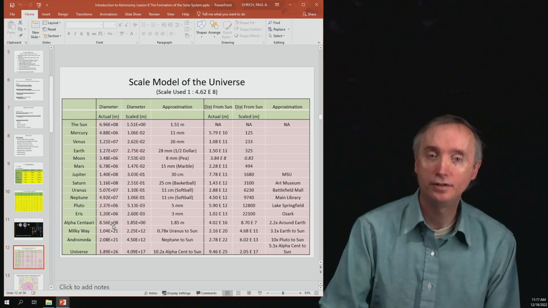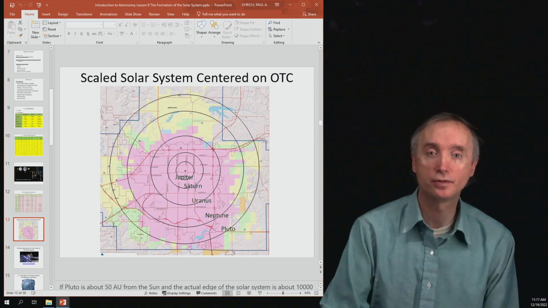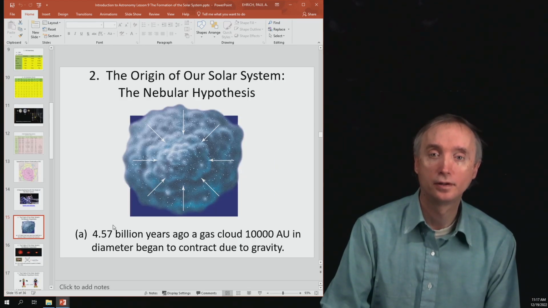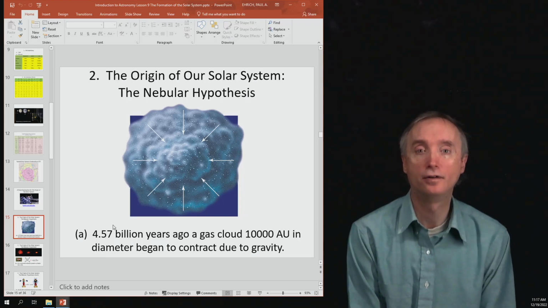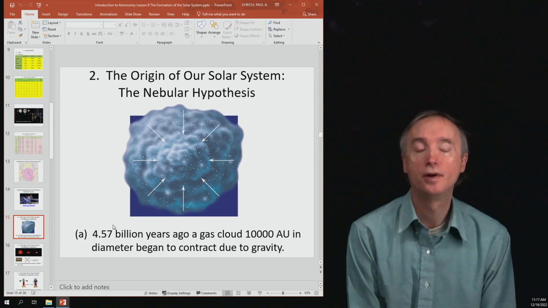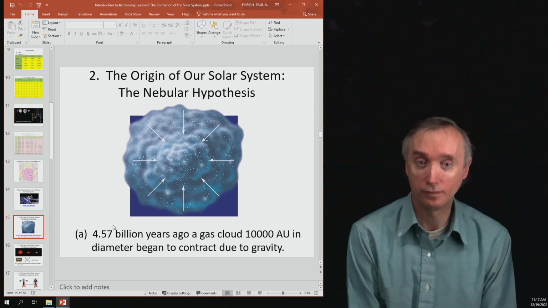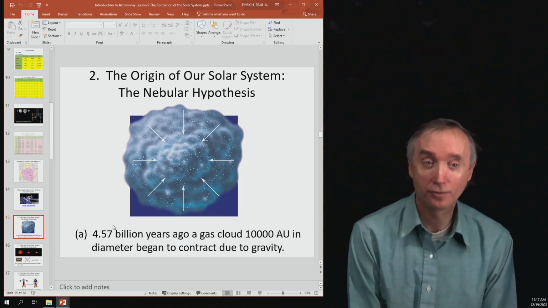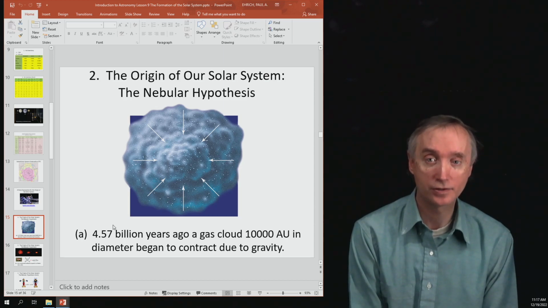Okay, then you don't need to know anything about the scaled down version of the solar system, but you do need to know all the parts of the nebular hypothesis. So the nebular hypothesis is the explanation for where the solar system came from. The solar system originates as a nebula, which is a big ball of gas.